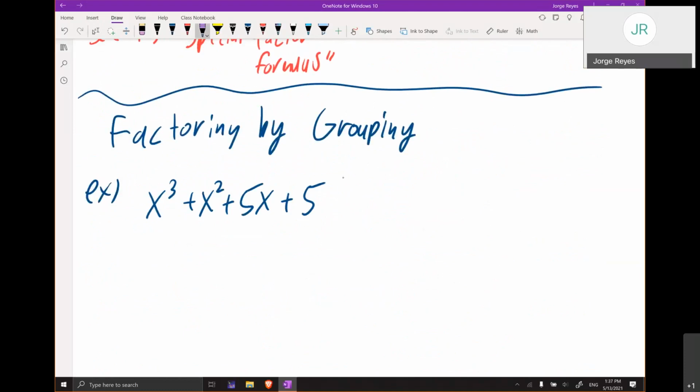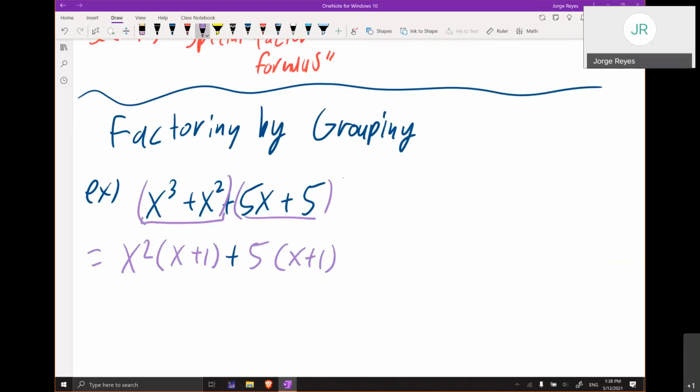Factoring by grouping is kind of what its name sounds like. We're going to group these into 2 pieces, and then factor out as much as possible from each little piece. From here, I'm going to factor out an x squared, and then I get an x plus 1 on the inside. From this one, I'm going to take out a 5.